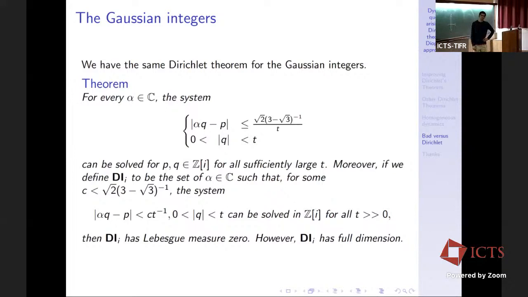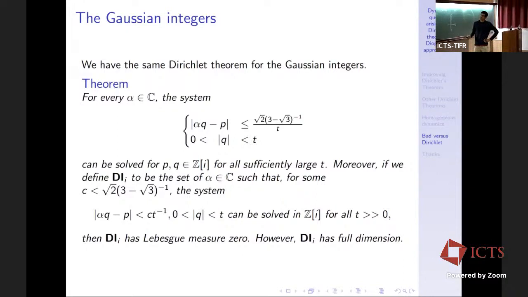It's not so nice. And one of the reasons is that the Gaussian integers, Zi, is just the standard lattice Z in R2, and that does not pack the disk efficiently. So that's some kind of heuristic, but you get exactly the same theorem with a weird constant.